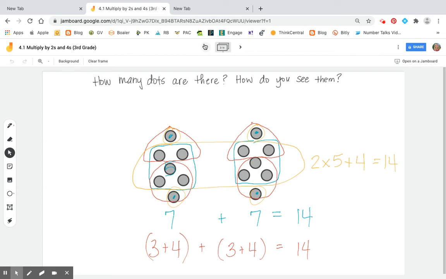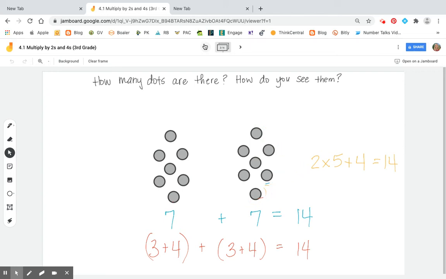All right, I'm going to hit the erase on all of the colorful drawings for a second so that we can see again what we actually had. All right, so we had 7 and 7. So we really had 2 groups of 7, right? So we had a 5 in the middle. Maybe you thought about it like that. And then 2 on the outsides.